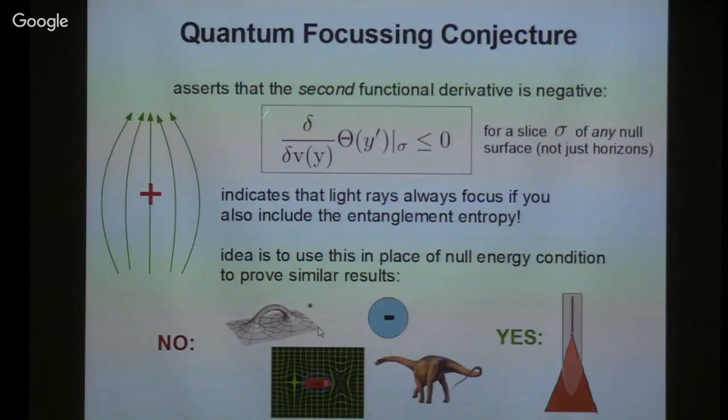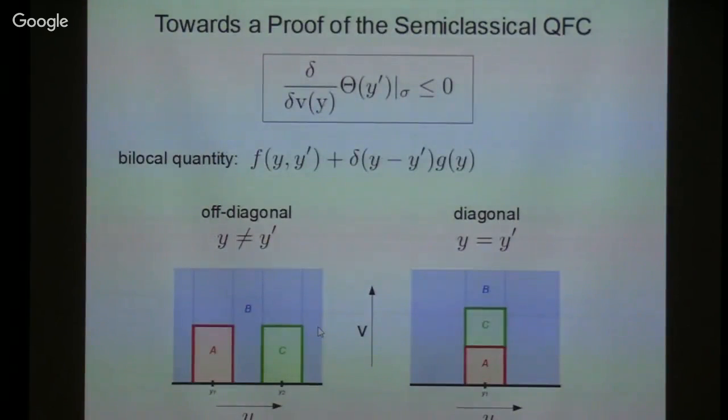Now, so far, I stated this as a conjecture, and in general it is, but we have begun to prove it in several important situations. So if you consider this quantity, it's a second derivative of the generalized entropy, the area of a surface plus the entanglement entropy on one side. And in general, this has two types of terms.